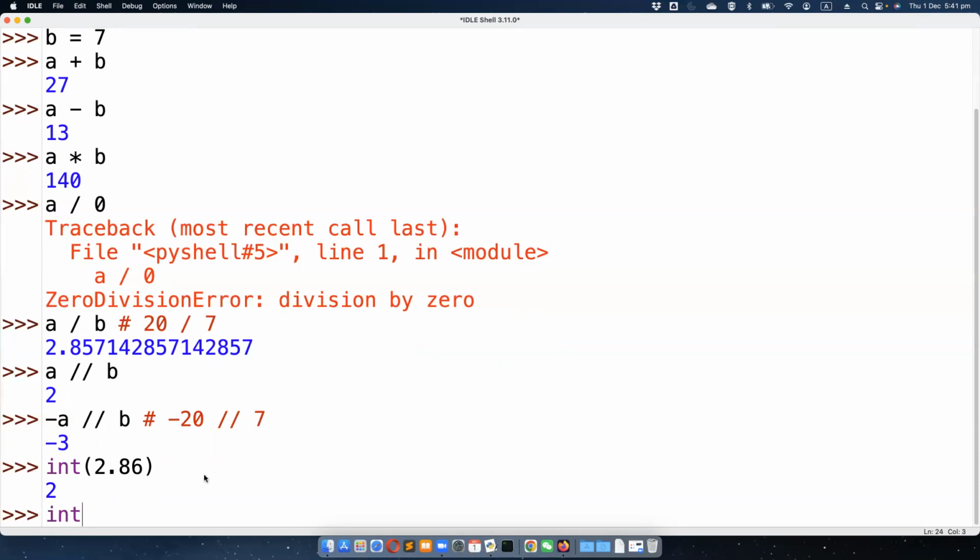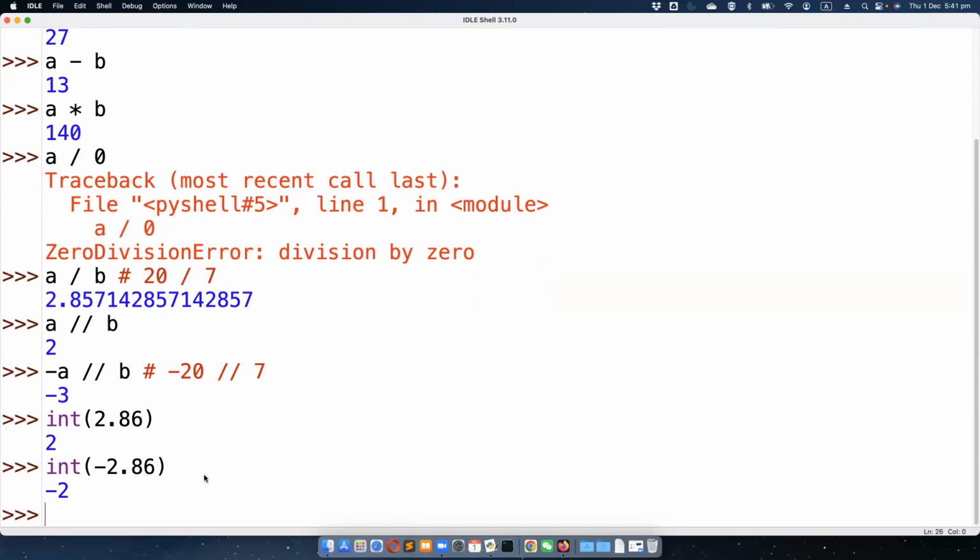And how about a negative decimal number? We only get the negative integer part, like minus 2. So that means the function truncates towards 0.